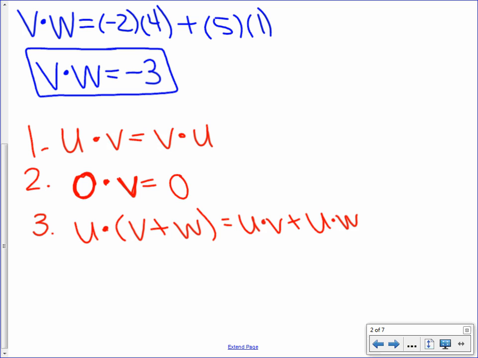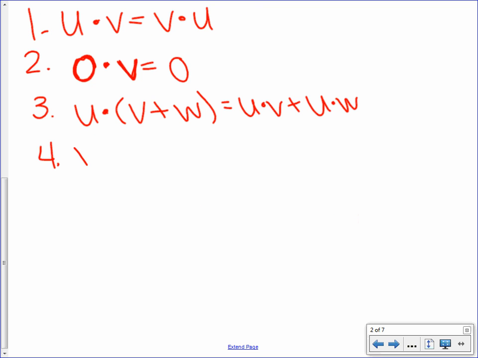Number 4 is a good one. The dot product of a vector with itself is the same thing as the magnitude squared. Okay, let's talk about why that is. Let's say that vector v is ⟨a, b⟩.